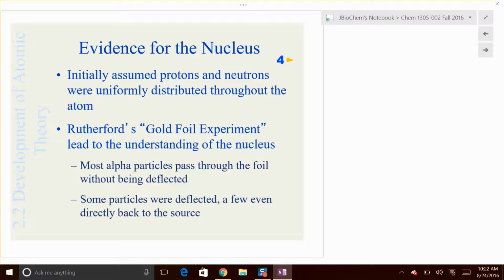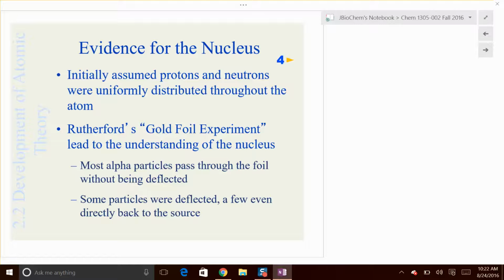That's what they understood. So Rutherford builds this apparatus that has a piece of gold foil as kind of like a shield, and then he has this receptor behind it that will indicate whether these atomic particles have passed through the gold foil or not.